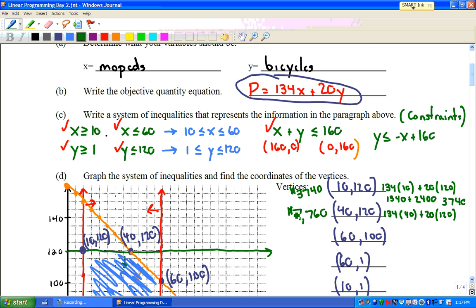All right, let's do 60 times 134. We got $8,040, plus 100 times 20. So this one's going to give us $10,040.